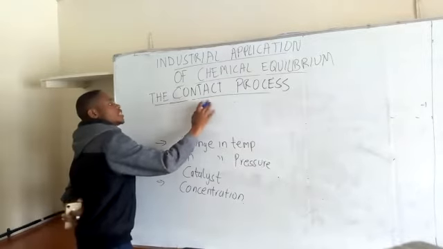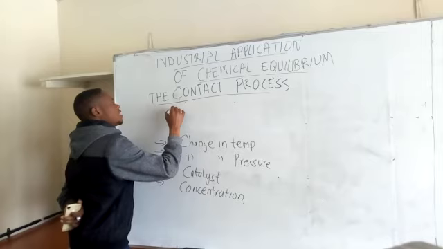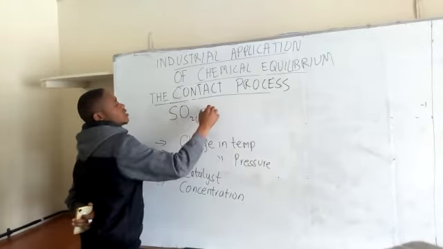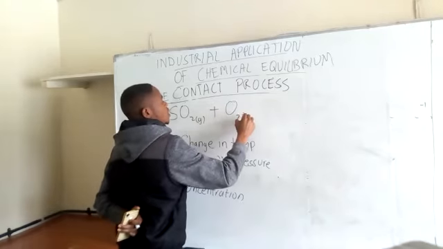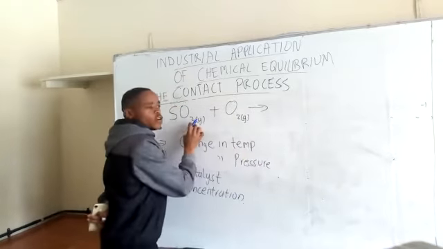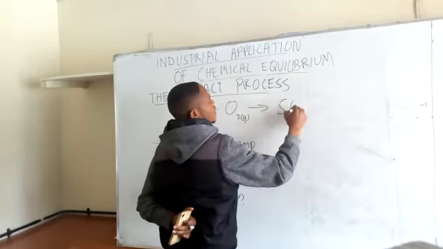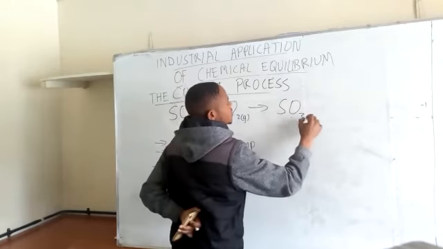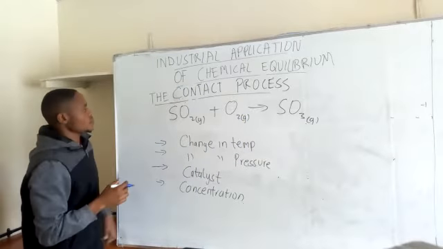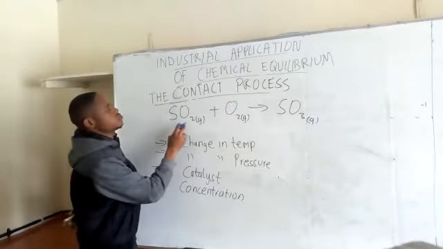The most important equation there is the oxidation of sulfur dioxide to give us SO3, sulfur trioxide. Let's balance.